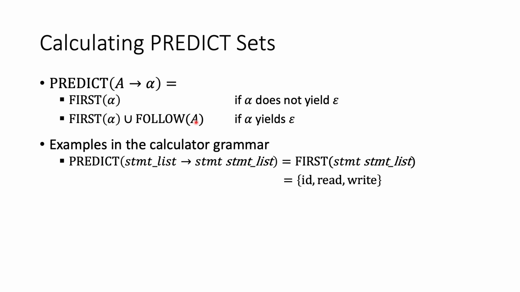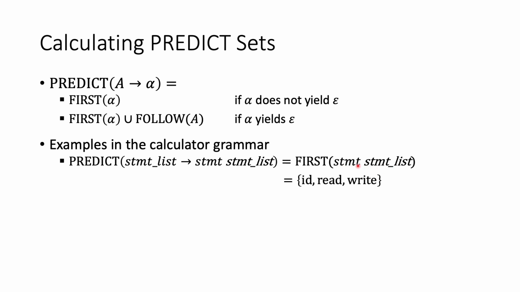For example, in our calculator grammar, the predict set of the production ST empty list to ST empty ST empty list is equal to the first of ST empty followed by ST empty list, because the string ST empty followed by ST empty list does not yield the epsilon string.